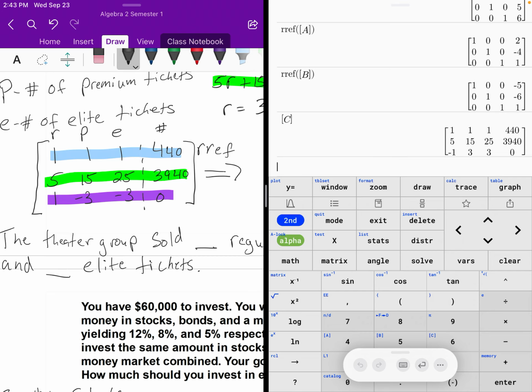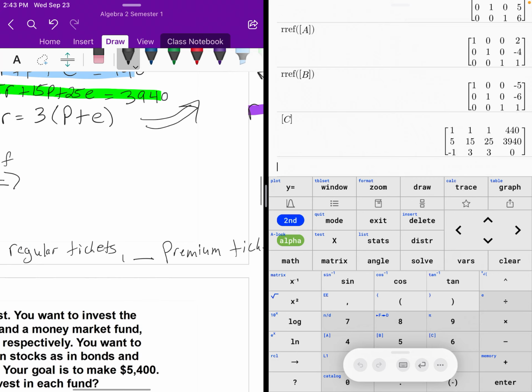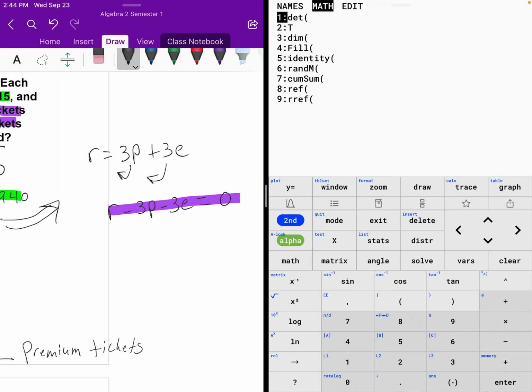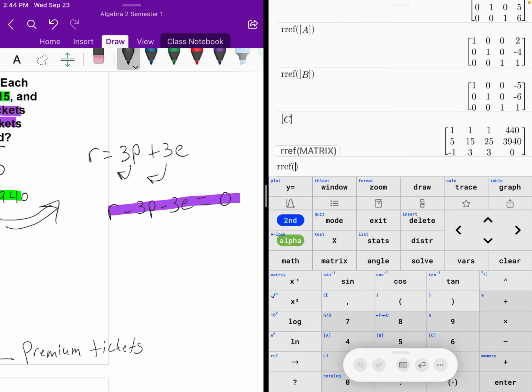Actually, when I put that in there, all I did was move the R to the other side, so it's -1, 3, 3. Either way works. Now we're going to actually do some math with that matrix, RREF of matrix C.